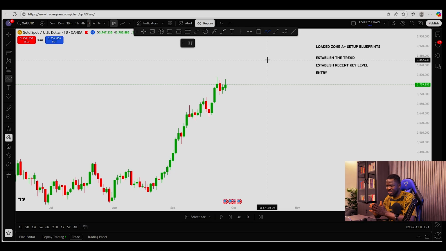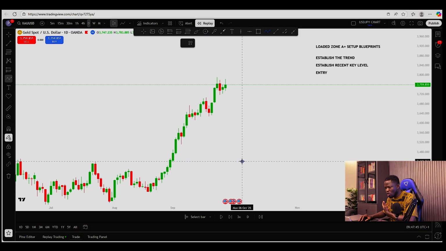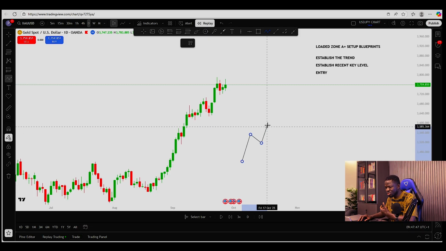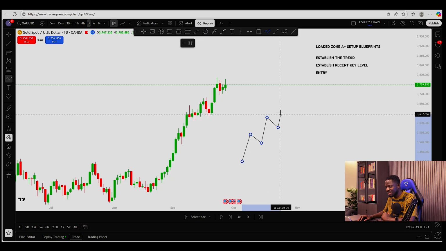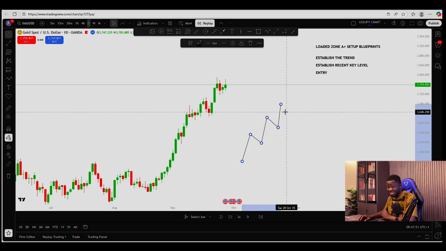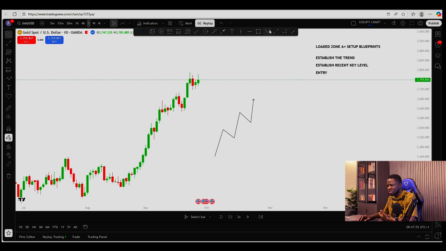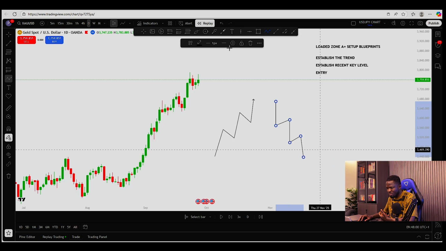The first step is to establish the trend, and there are two types of trend. We have an uptrend, when the price action is trending to the upper side. That indicates buyers are the ones in charge of the market, while the second type of trend is a downtrend, when the sellers are the ones in charge of the market.